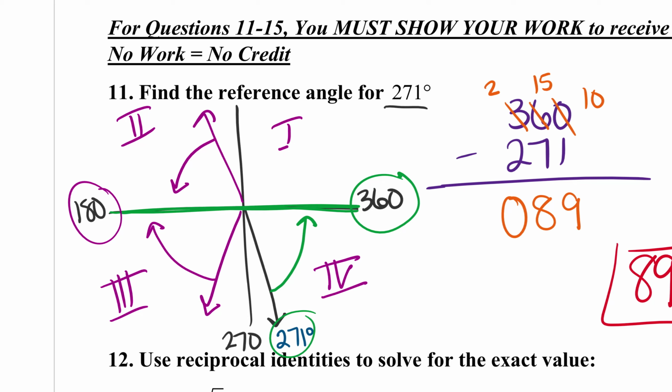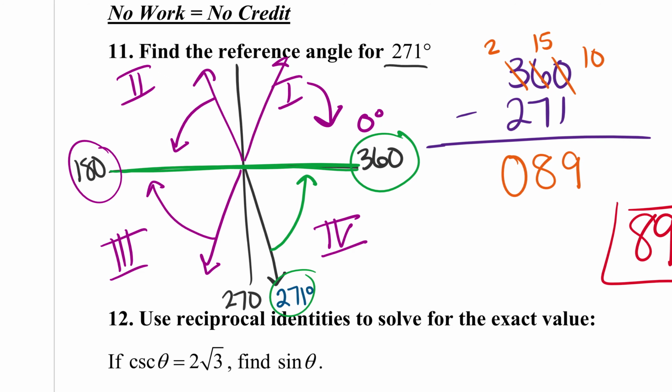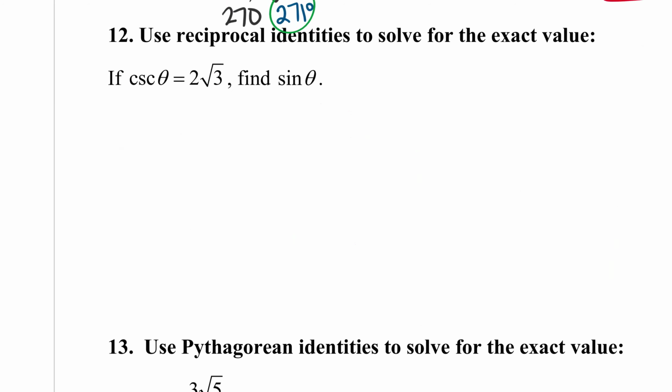If I'm in quadrant 1 and I go down this way, right, I'm going to 0 degrees. So if you have quadrant 1, it's actually the easiest because the answer is the angle itself. Everything else you have to subtract to find out how far it is from the x-axis. Okay, so no matter which quadrant you're in, you're going to the x-axis, the horizontal line. So you just subtract on that one.